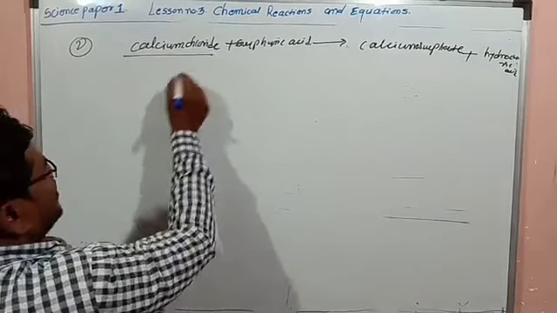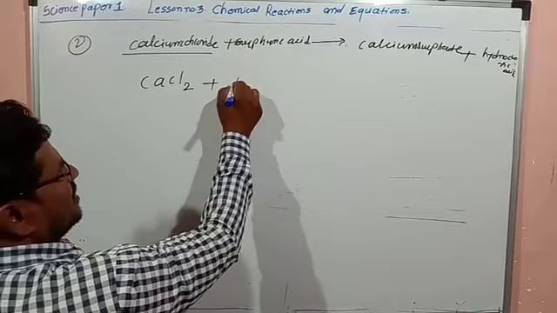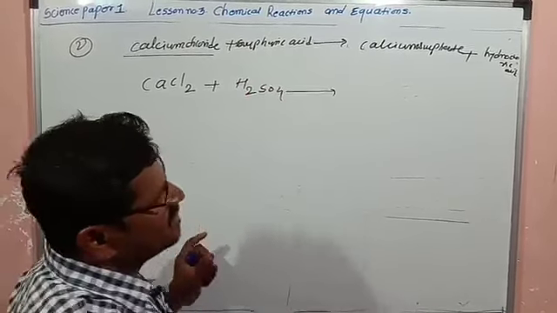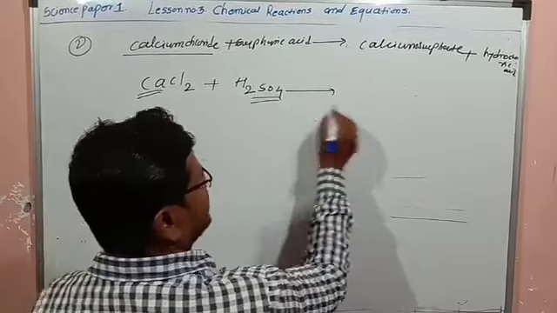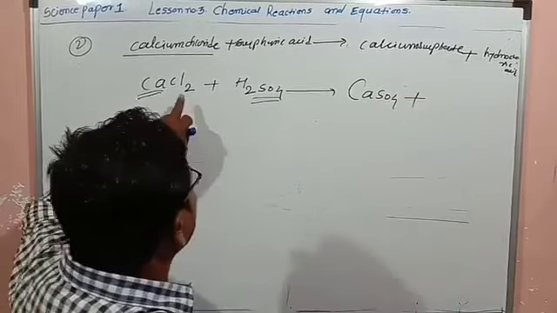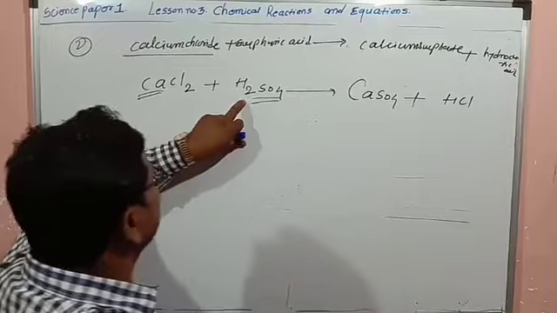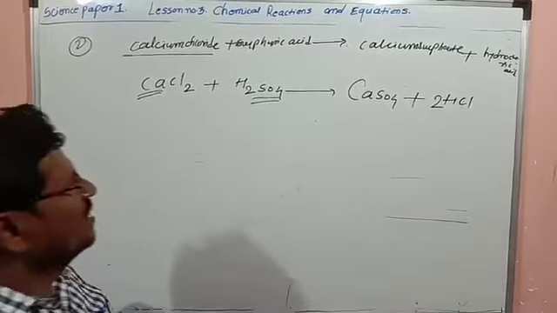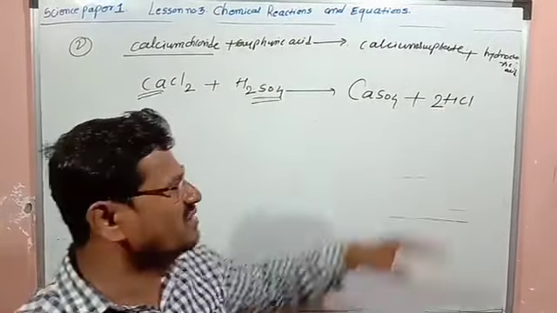So calcium chloride CaCl2 plus sulfuric acid H2SO4 gives calcium sulfate CaSO4 plus the remaining HCl. Here 2, here 2, so 2HCl; 2 hydrogen, that's why you have to multiply here by 2 for HCl.